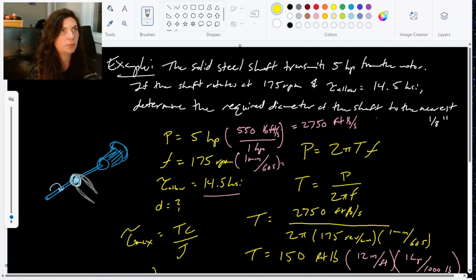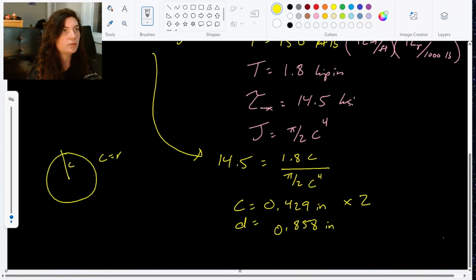Find the required diameter of the shaft rounded to the nearest 1/8 inch. Now remember, I have to round up whenever it asks me to round to the nearest. It does not mean the actual nearest. It means the nearest required. If I were to round down, then I would have a diameter that is too small, it's undersized, it's going to fail.